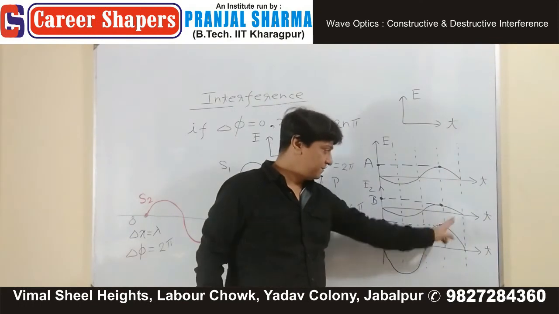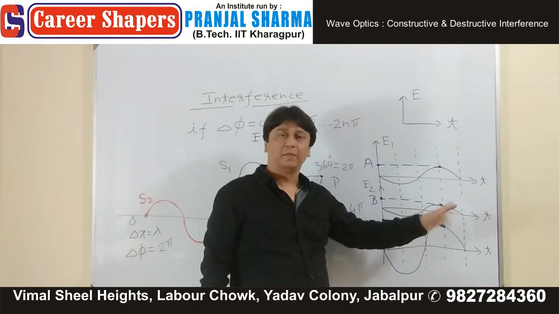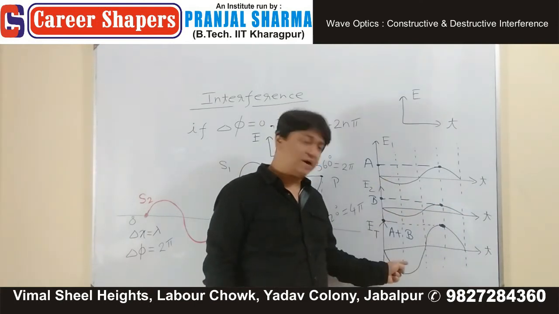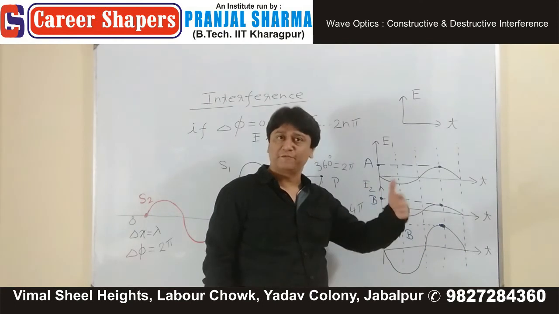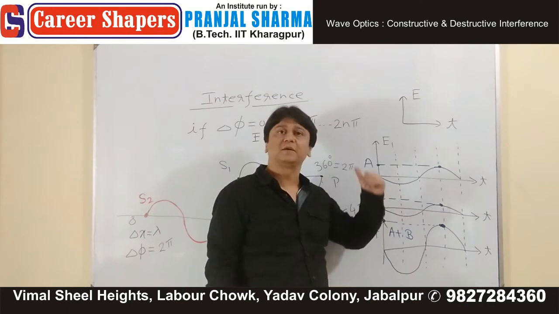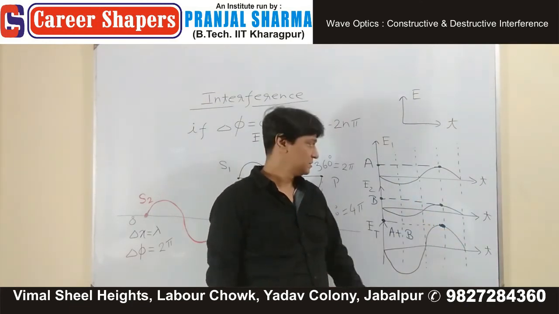All the graphs are of the same frequency, that means same color, but their amplitudes are different and therefore they show different intensities. This one is A plus B maximum, and therefore you see maximum brightness.